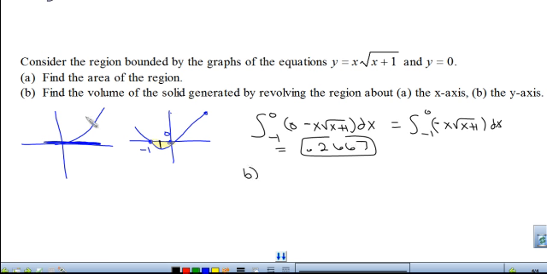Part B, we want to find the volume of the region which we revolve around the x-axis. So if we revolve around the x-axis, we're going to have dx. So this is going to be a disk. So r is going to be the top minus the bottom.